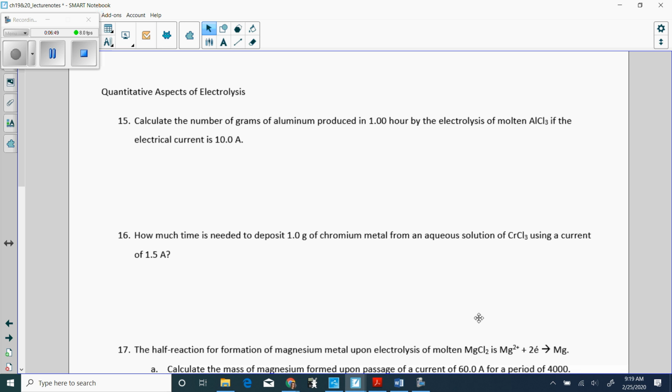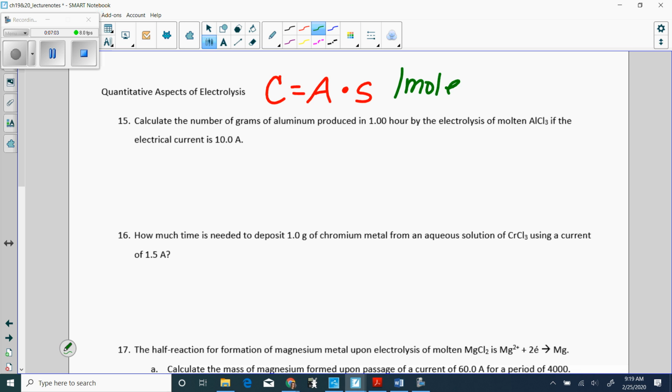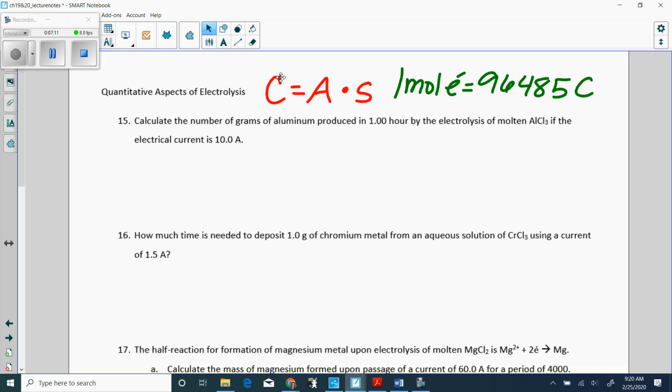We are here on number 15. Two things we wrote down on our chart notes from yesterday.